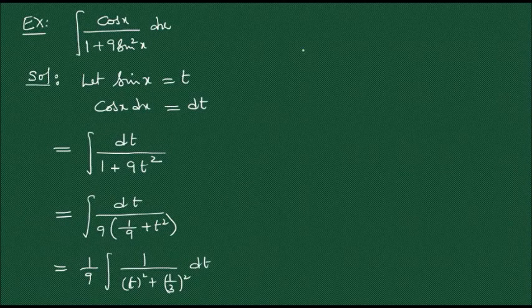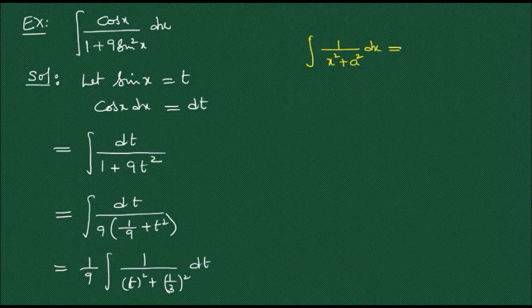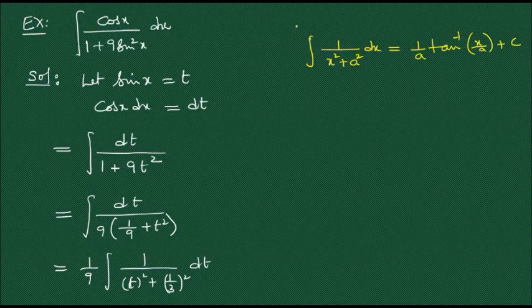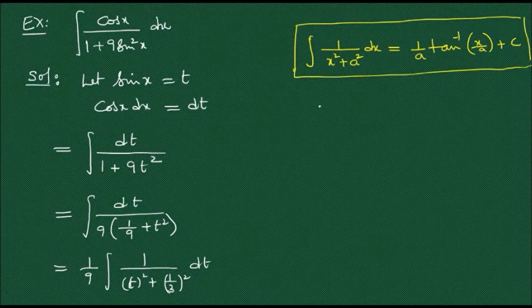This looks like the structure integration of 1 by x square plus a square dx, which is equal to 1 by a tan inverse x by a plus c. So therefore, the problem will become 1 by 9 into 1 by a.